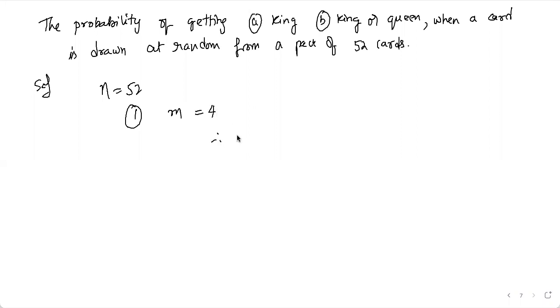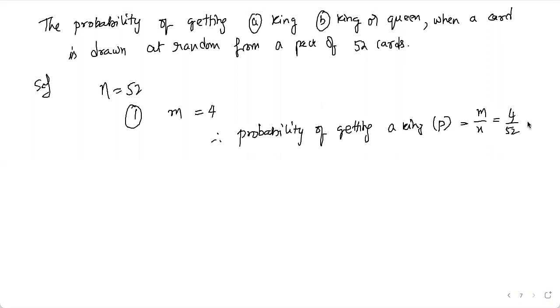Therefore the probability of getting a king is m by n, which is 4 by 52, which is 1 by 13.